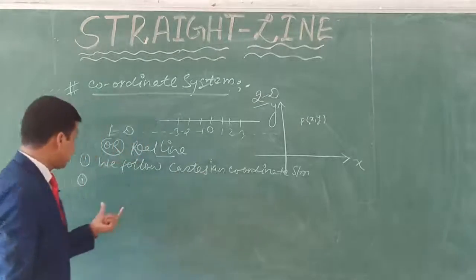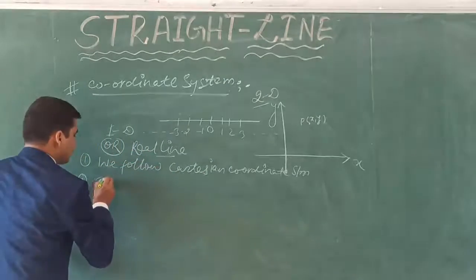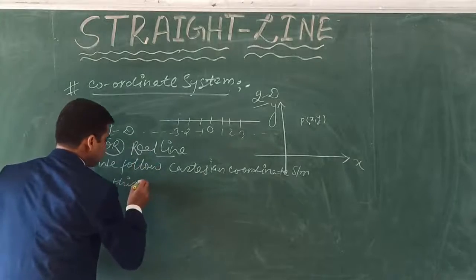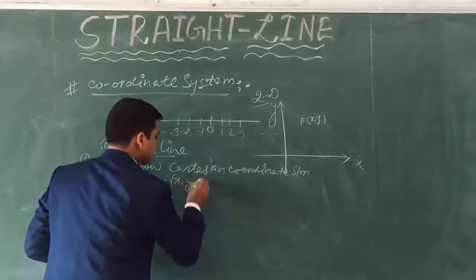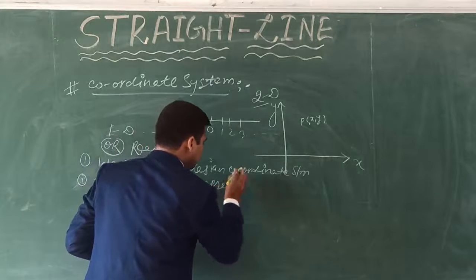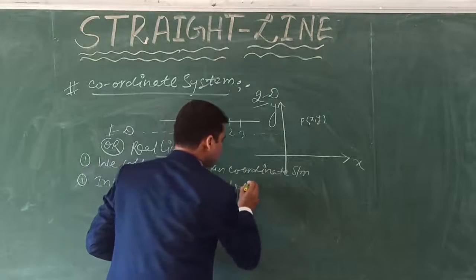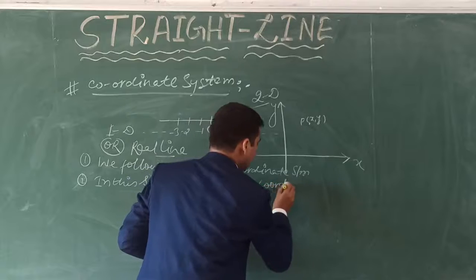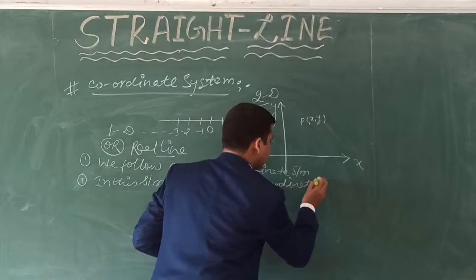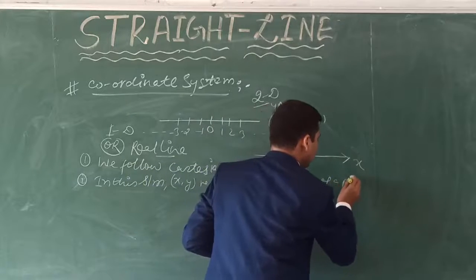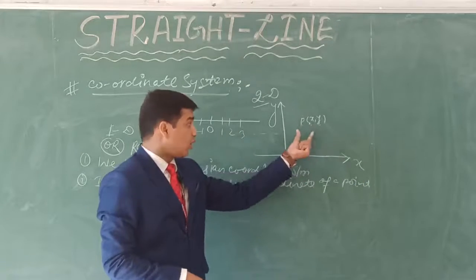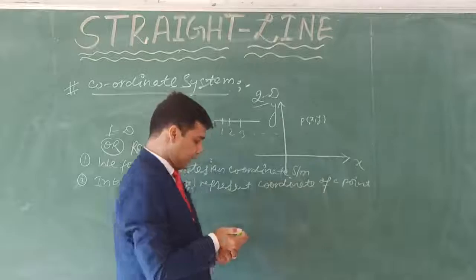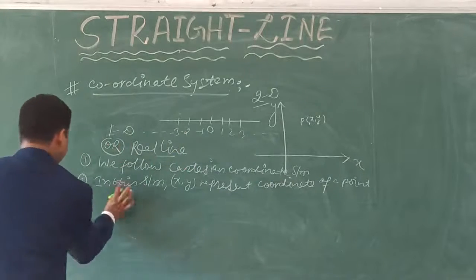Second point is in this system x comma y represents the coordinate of a point. See this here, this x comma y is representing the coordinate of this point P.